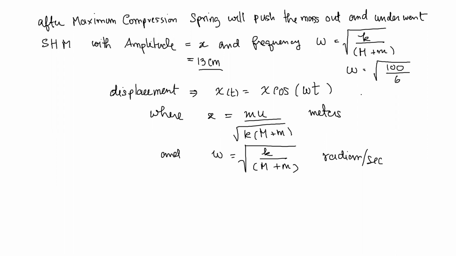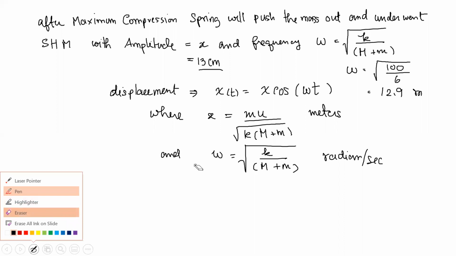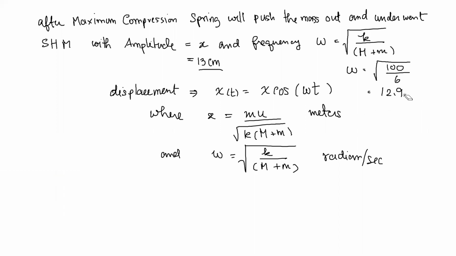And it is 12.9 radian per second. This is another zero here, radian per second.